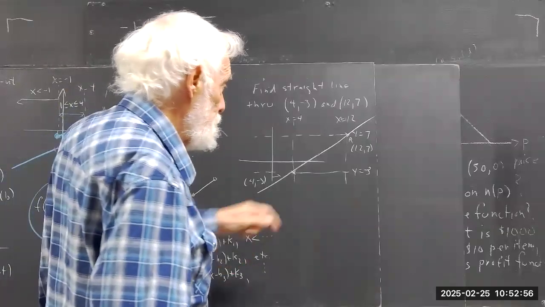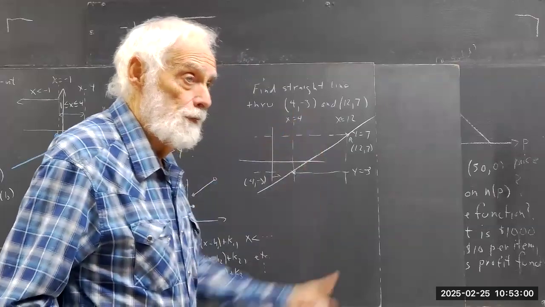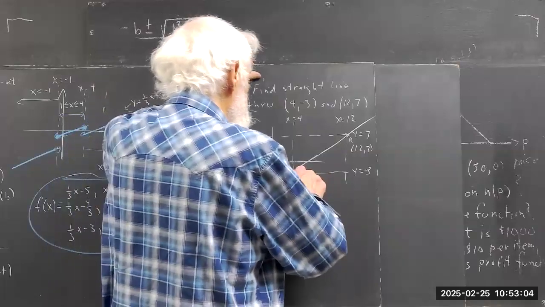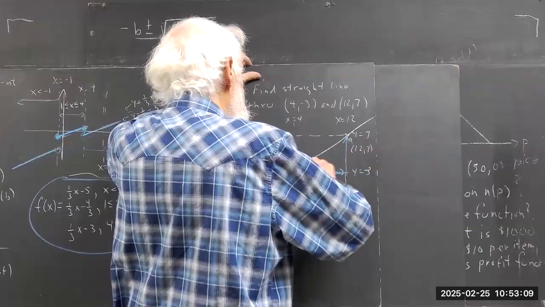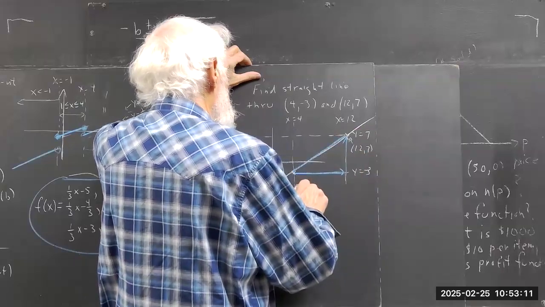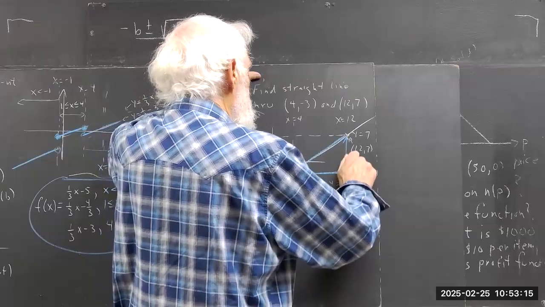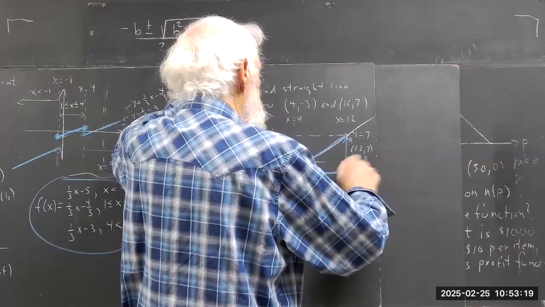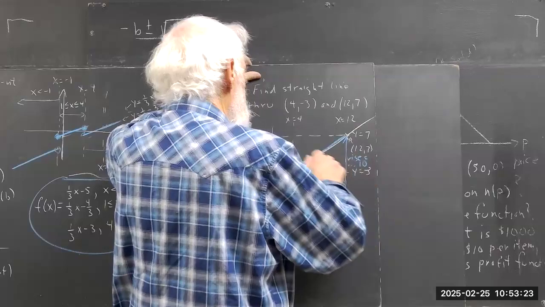And then, these are things that happen naturally, okay? If you've got 2 points and you know there's a straight line involved, you just do this. So we have this and we have this. This is the run, which is 12 minus 4, which is 8. This is the rise, which equals 7 minus -3, which is 10.